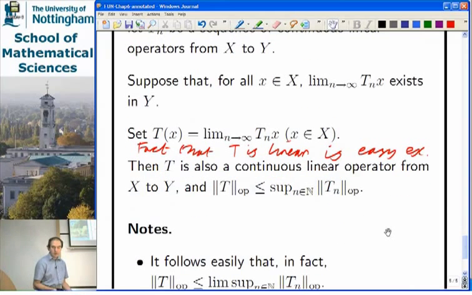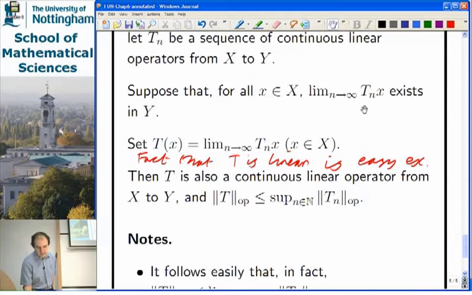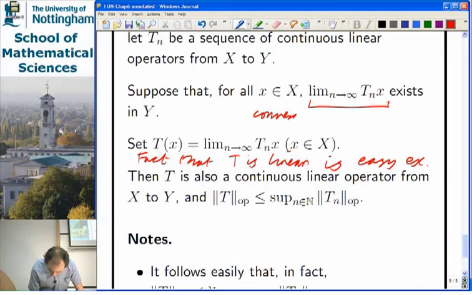So why does that work? Well, because this sequence is convergent, that implies it's bounded. Every convergent sequence is bounded.